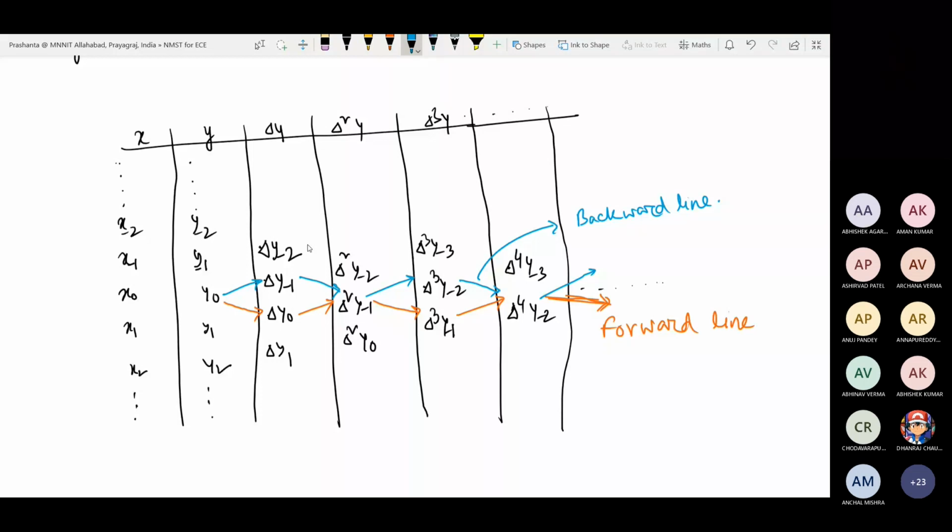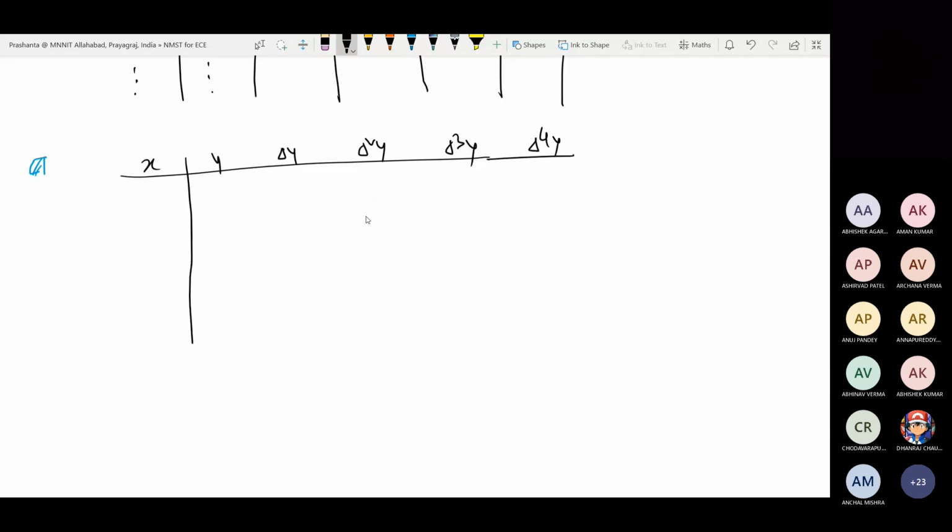So suppose the data points are x, y, delta y, del square y, del cube y. 5 points are there, so up to del 4 y we may get non-zero values.